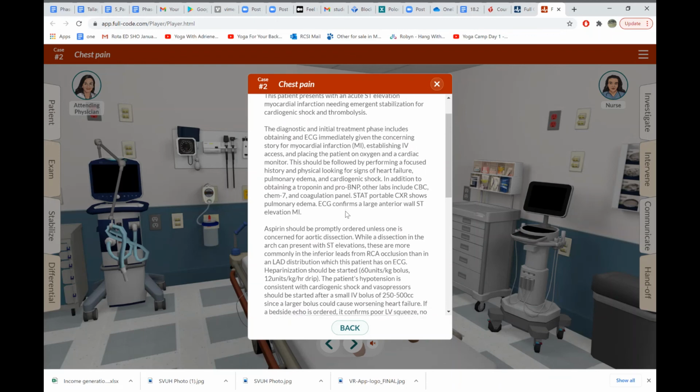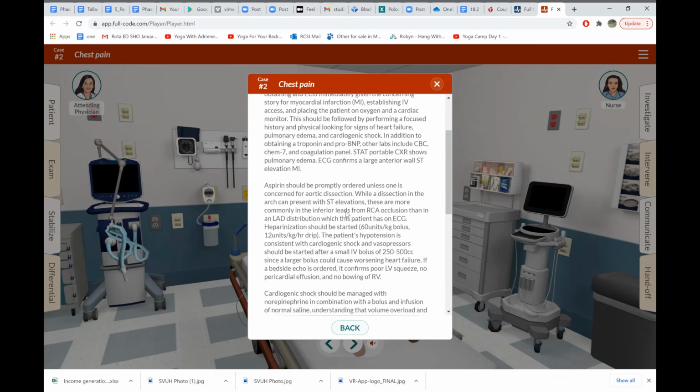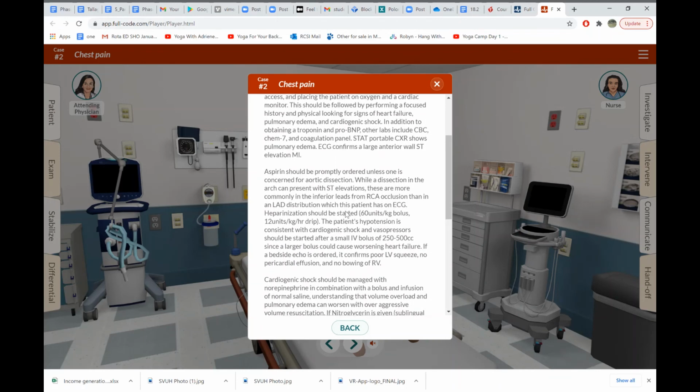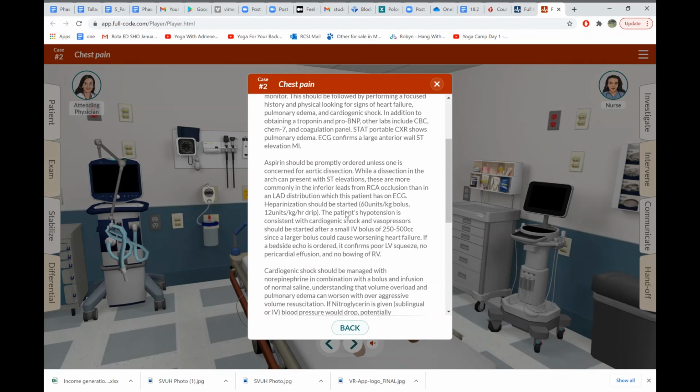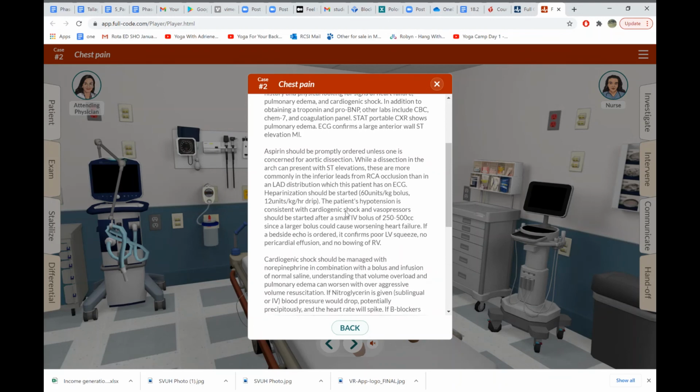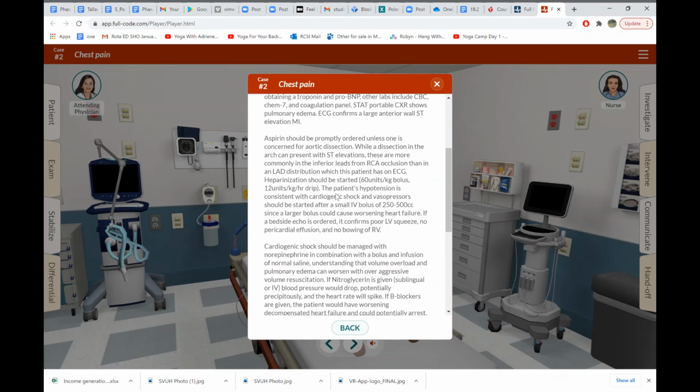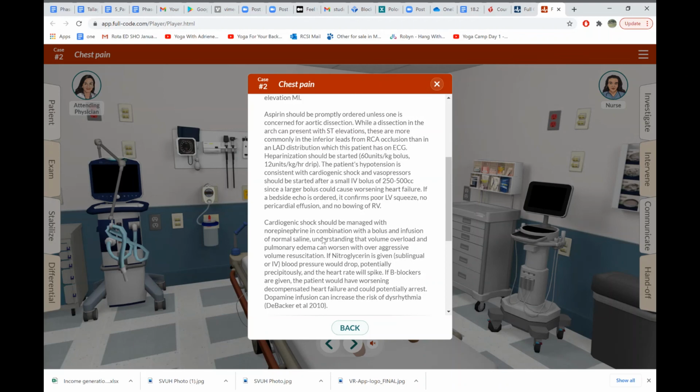We gave aspirin. What else did we do? We didn't give heparinization. We gave thrombolytics instead. And we started vasopressors. Okay, a small IV bolus of fluid. And then the bed, echo, and then norepinephrine. Bolus and infusion, normal saline.